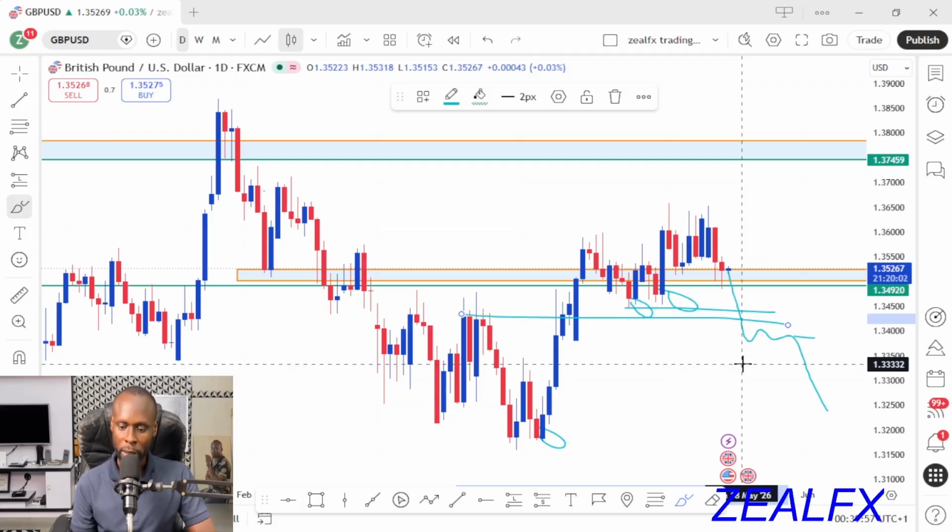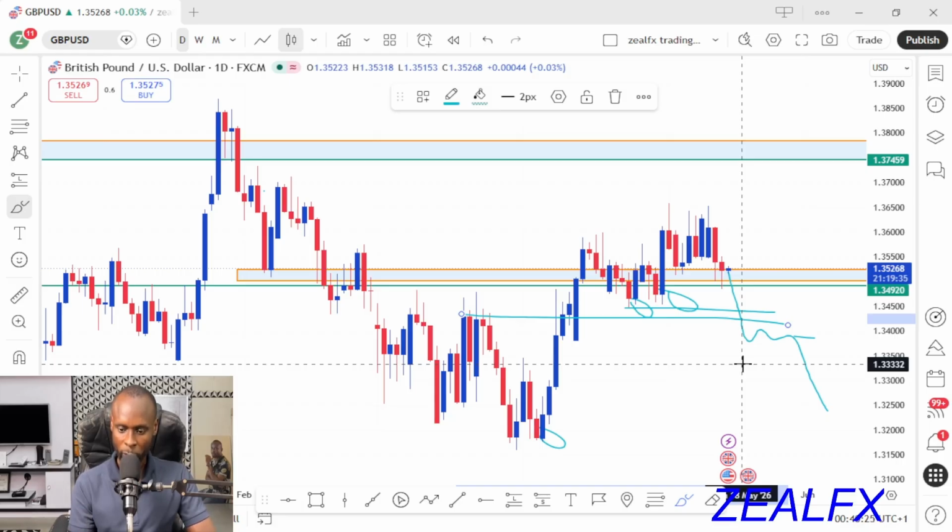But so long as the higher time frame is telling us now that we have to look out for more of the buy than the sell, we have to follow the instruction of the higher time frame. As a trader, you have to be consistent and stick to your trade plan. You have to know what the higher time frame is saying before making your decision, because the higher time frame has more control over the lower time frame.